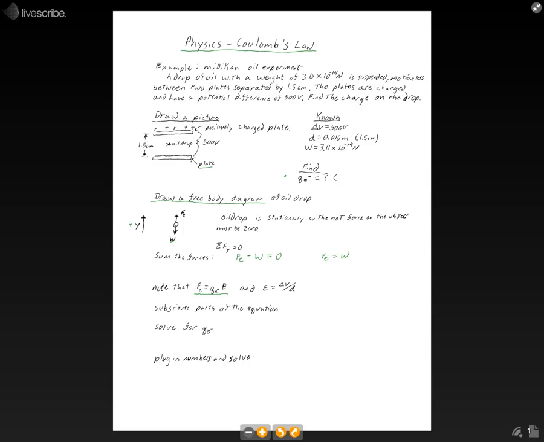So for F sub E, you know that it is going to be Q sub E times your E, which is actually just going to be delta V over D, and that's going to be equal to your weight.